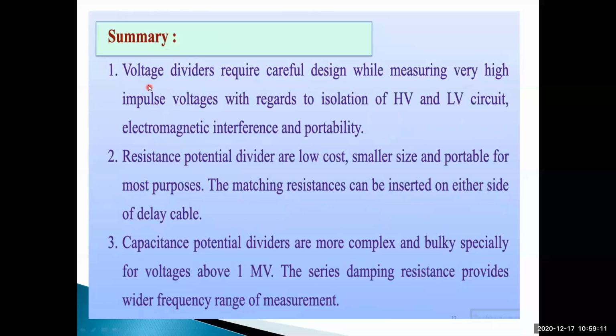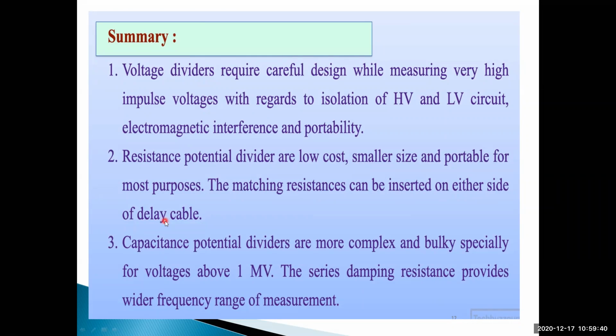So we have completed. Voltage dividers require careful design while measuring very high impulse voltage with regard to the isolation of high voltage and low voltage circuits, electromagnetic interference, and portability. It's clear. Resistance potential dividers are low cost, smaller in size, and portable for most purposes. You know well, the matching resistance can be inserted on either side of the delay cable.